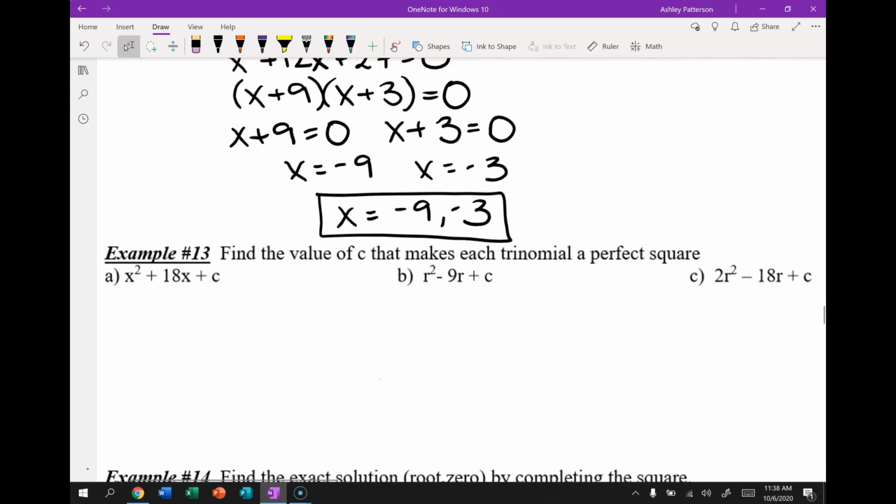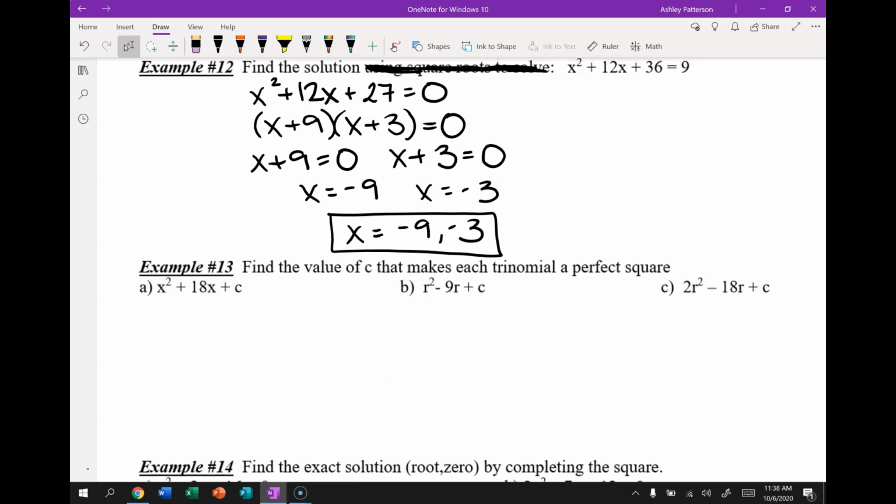Well, in completing the square, we need to create a perfect square trinomial. An example of a perfect square trinomial would be maybe x plus 2 times x plus 2. A perfect square trinomial is one that can be factored into perfect squares.